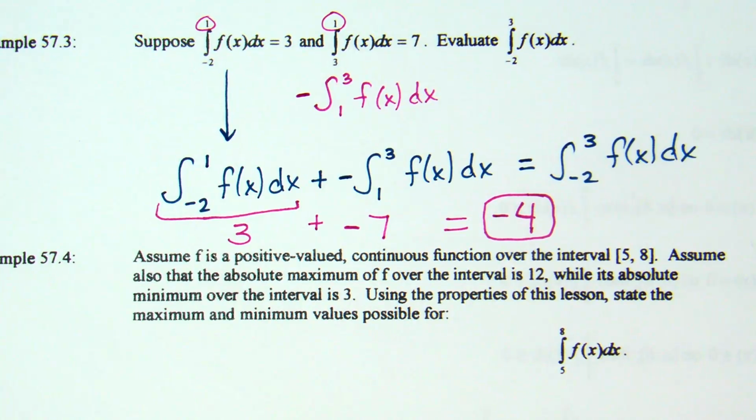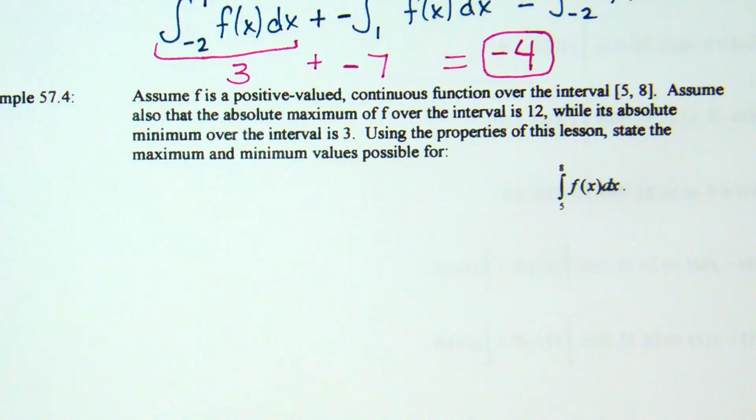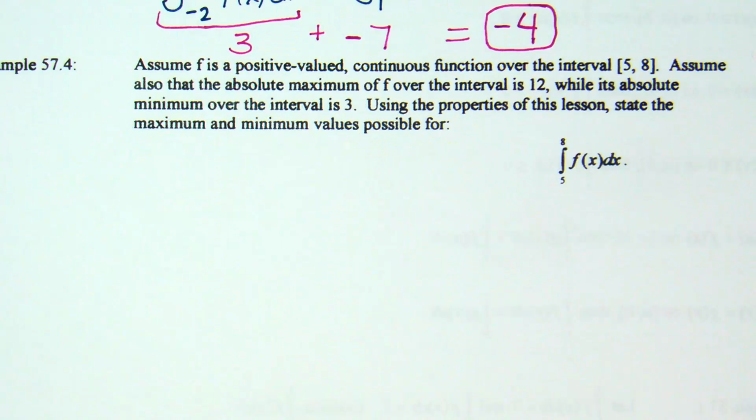Okay. Ready for our last one? We're going to go a little deeper with this last one, though. Assume f is a positive valued continuous function over the interval from 5 to 8. So it's continuous, so we can just draw it. No gaps, no stops, no breaks.